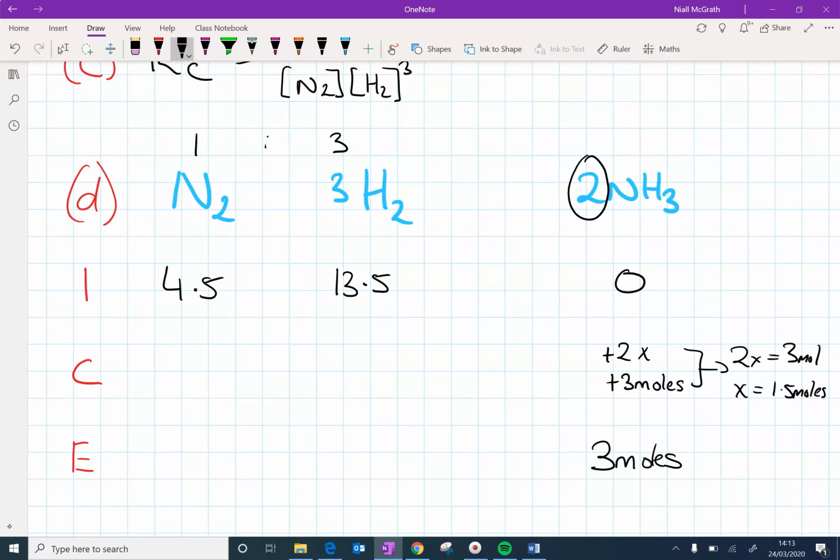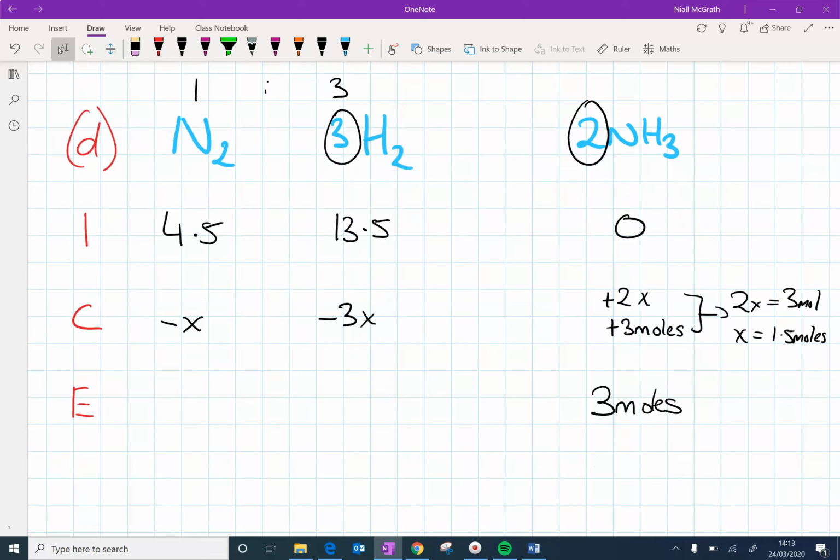For our change for nitrogen and hydrogen, here you're going to have minus 3x, that 3 because of the 3 in front of the hydrogen, and here you're just going to have minus x. These are our reactants, that's why they're reducing, they're being lost.